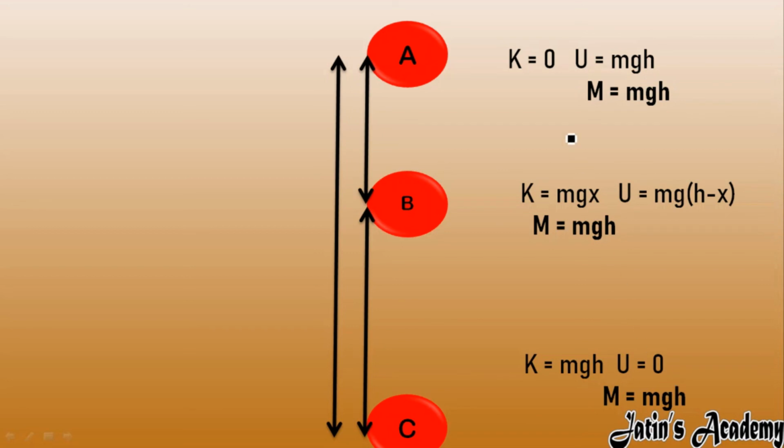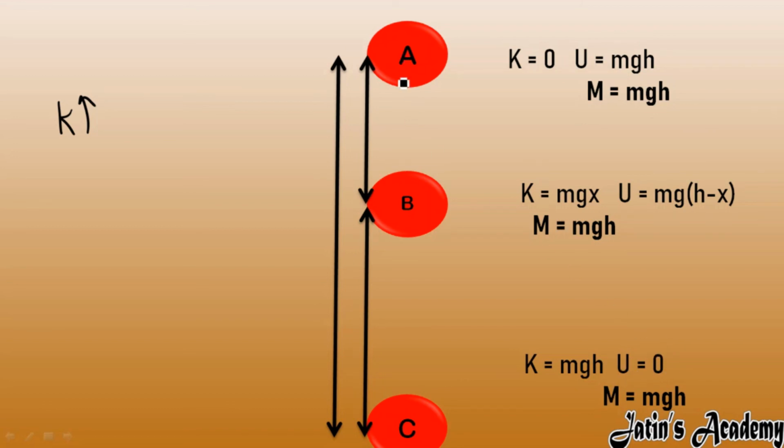Now carefully see: when the ball is moving downward, initially the kinetic energy is 0 and at the end the kinetic energy is mgh. So the kinetic energy keeps increasing as the ball moves downward. At the highest point the potential energy is maximum, and at the lowest point it is minimum.